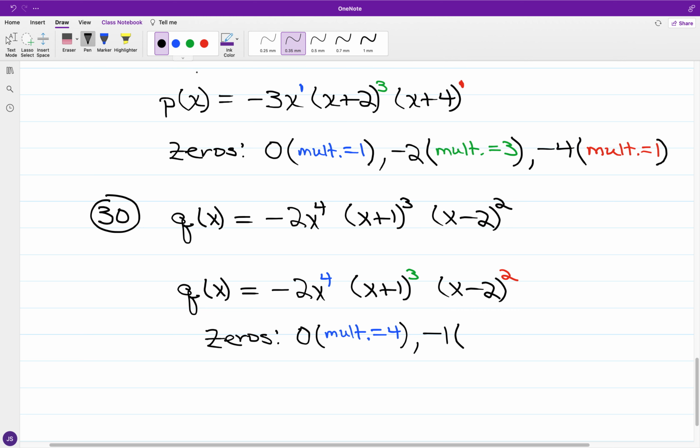And since we have the cube of x plus 1, the multiplicity value of that 0 will be 3. And for x minus 2, we have x equal to 2. And since we have the square of x minus 2, we're going to have the multiplicity at 2.